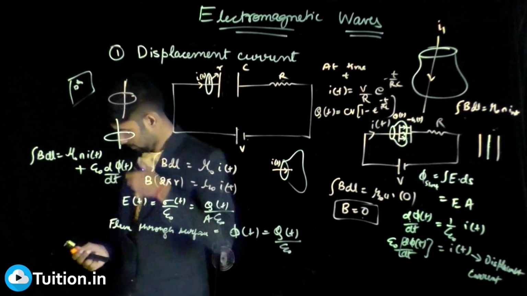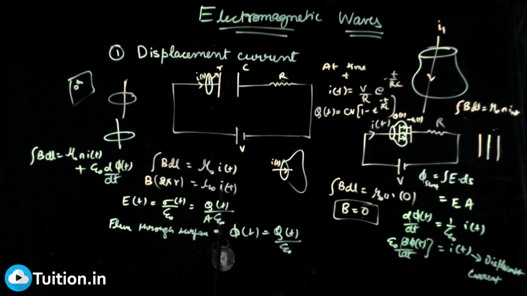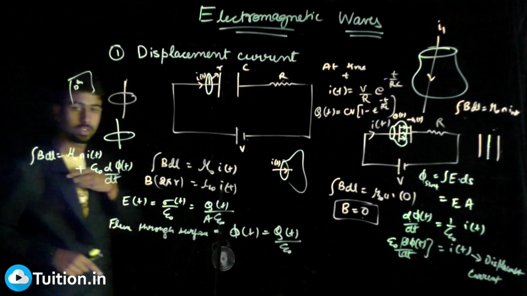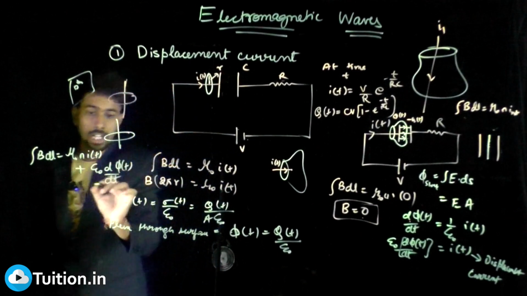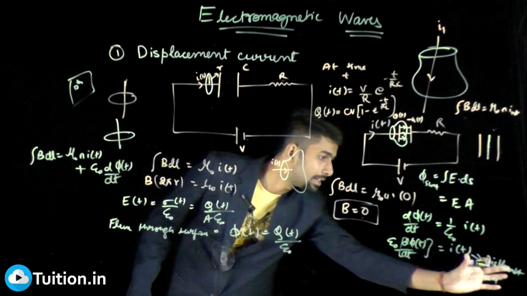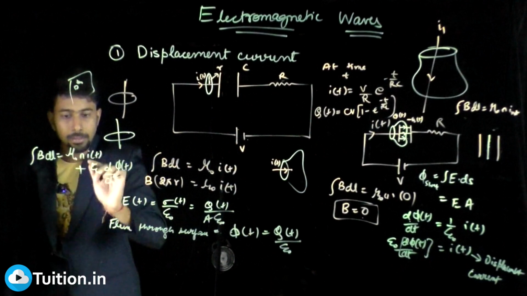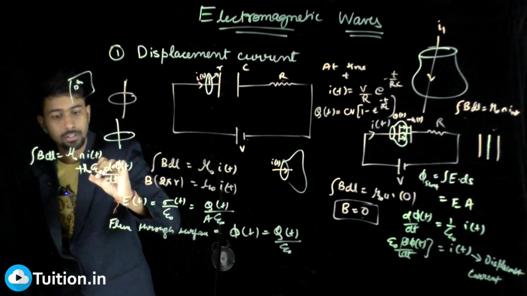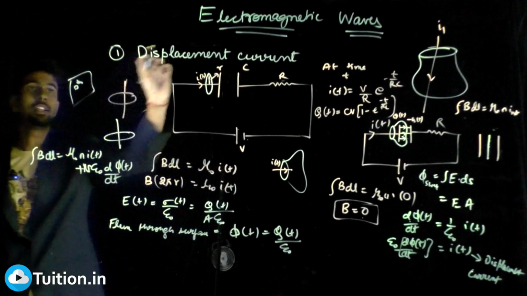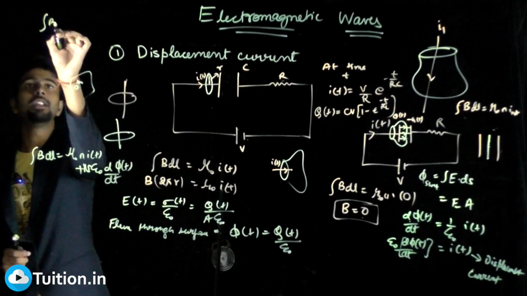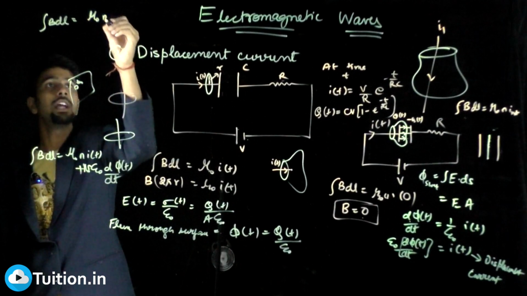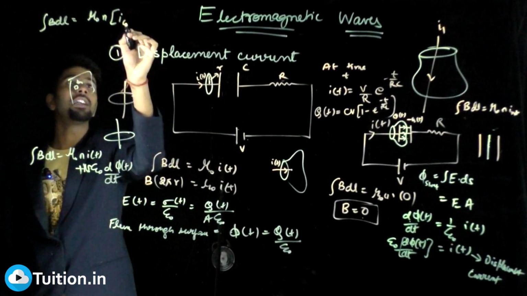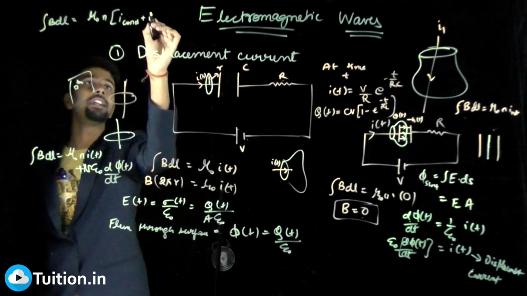Let me just verify this. Epsilon naught times d phi dt is the current, right? So you have to multiply mu naught times n to the current. So in fact, let me rewrite it properly. Integral B dl is nothing but mu naught times n times I conduction plus I displacement.